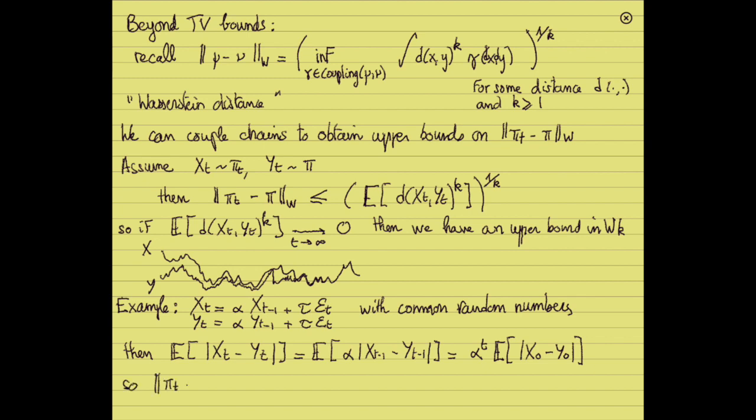And so really in two lines, we obtain an upper bound on the distance to stationarity of our autoregressive process with a rate of convergence alpha to the power t. So it converges if alpha is between -1 and 1, times the expected distance between the initial states X_0 and Y_0. And here I've used k equal to 1. So the rate of convergence here is the autoregressive coefficient alpha.